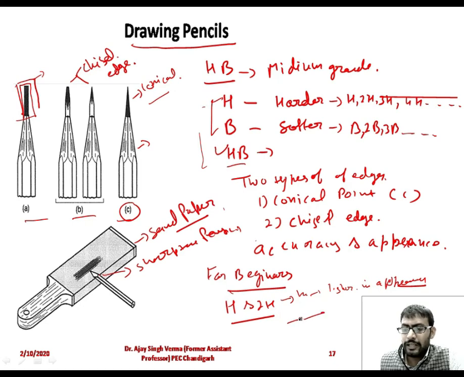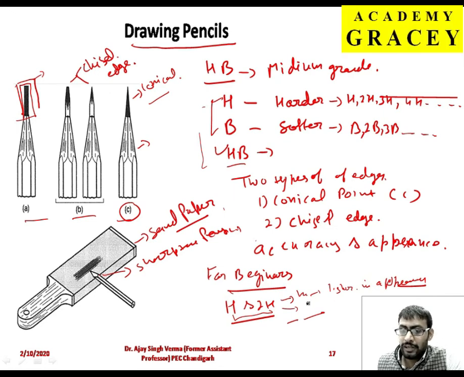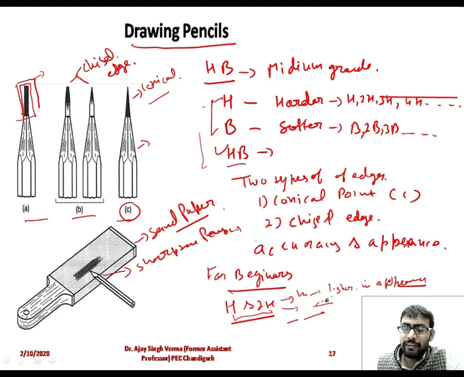So we can easily rub out the lines drawn with H and 2H pencils. Further, 3H and 4H have darker grades. When we rub out unwanted or wrong lines, your drawing sheet retains an impression. That's why for beginners we use the H and 2H pencil.